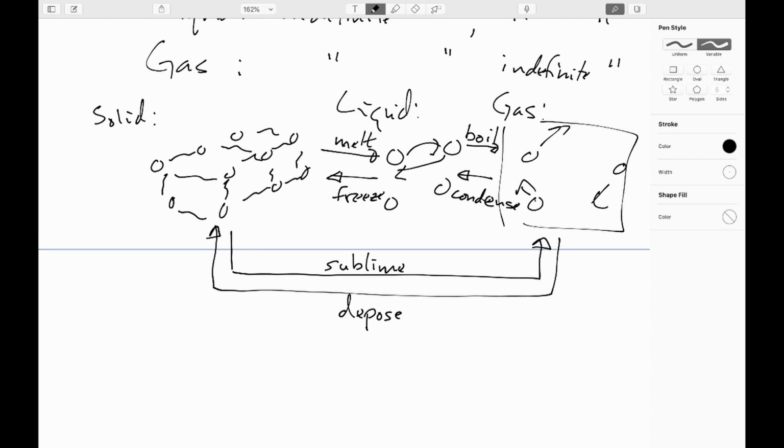Okay. But the main deal here is that in any of these processes, there will be heat associated with either forming or breaking bonds. So to characterize this, we'll start to introduce a heat flow diagram.